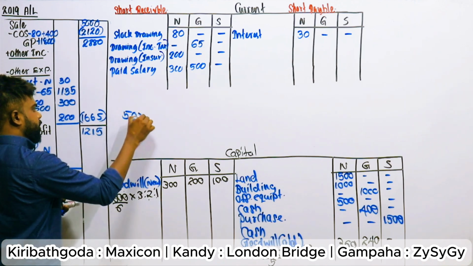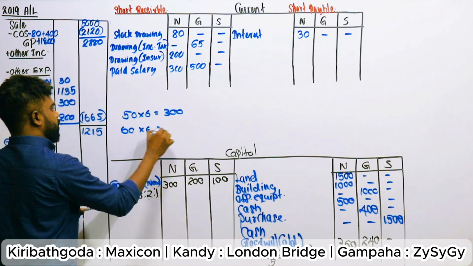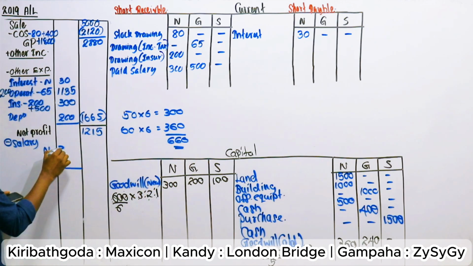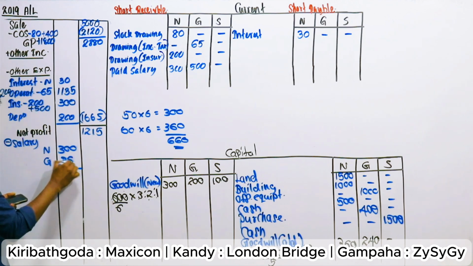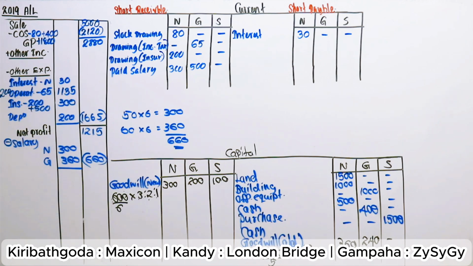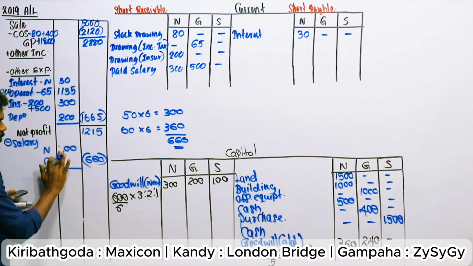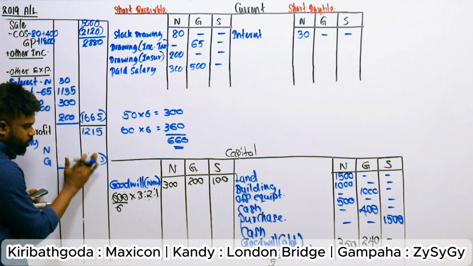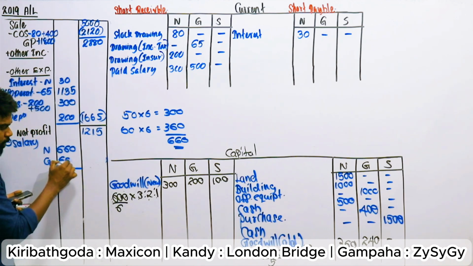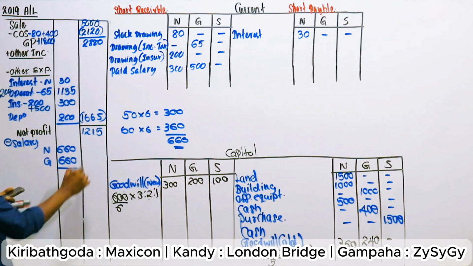First 6 months 50, that is 300. Next 6 months 60, that is 360, total 660. Oh no, for both, right? Sorry, incorrect, 660 each per partner. Therefore, total 1320.